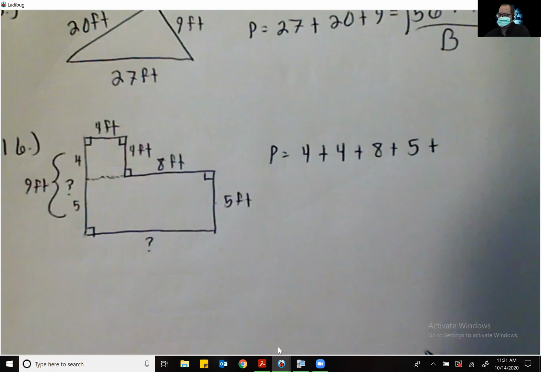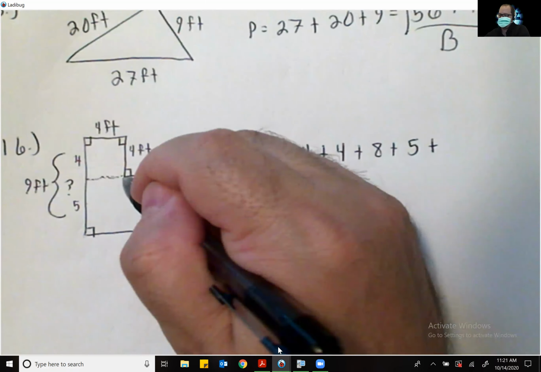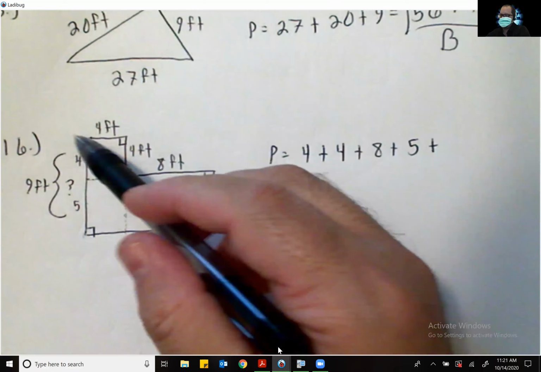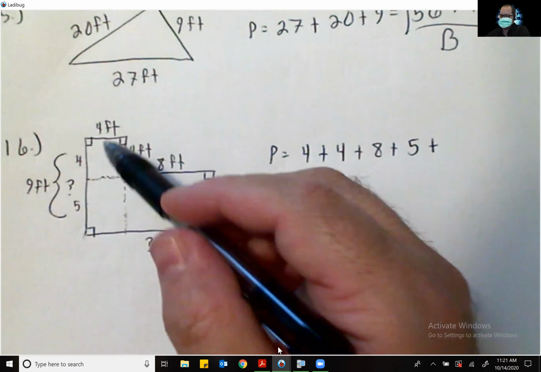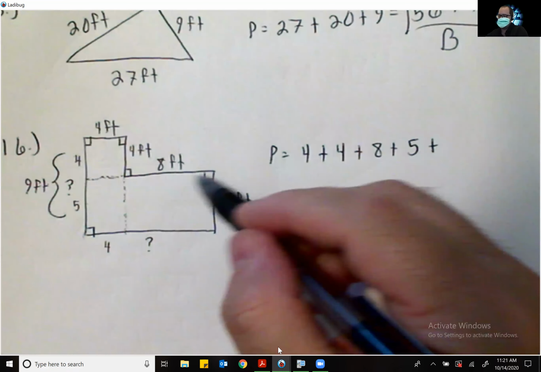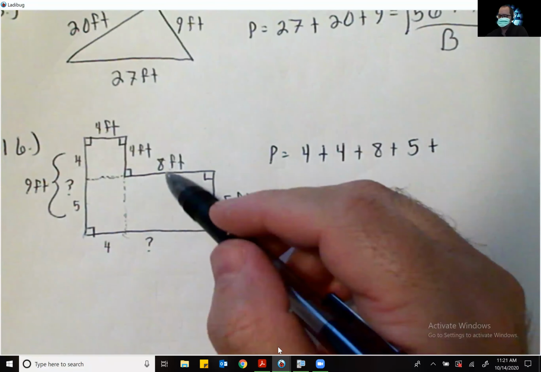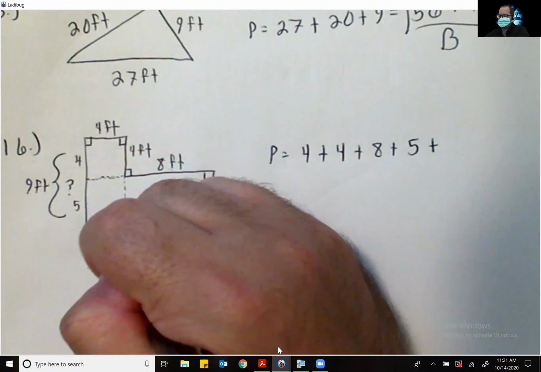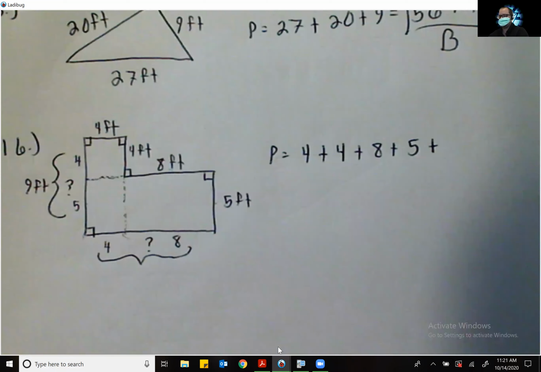And the same thing that you just said for down here, we can split this up. Here's a large rectangle. Opposite sides have to be the same, so this is 4. Again, another rectangle. Opposite sides have to be the same. This is 8. So how long is this side then, April? 12.